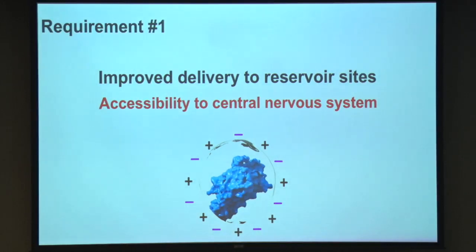The first requirement is: can we use this technology to improve delivery to the hiding site, where the latent cells and latent virus are hiding? So we developed one nanocapsule with very special monomers, and this nanocapsule can carry positive and negative charge alternatively on the surface.